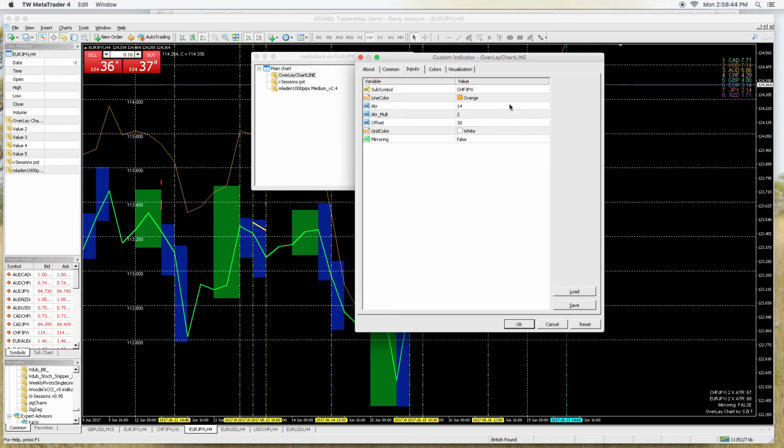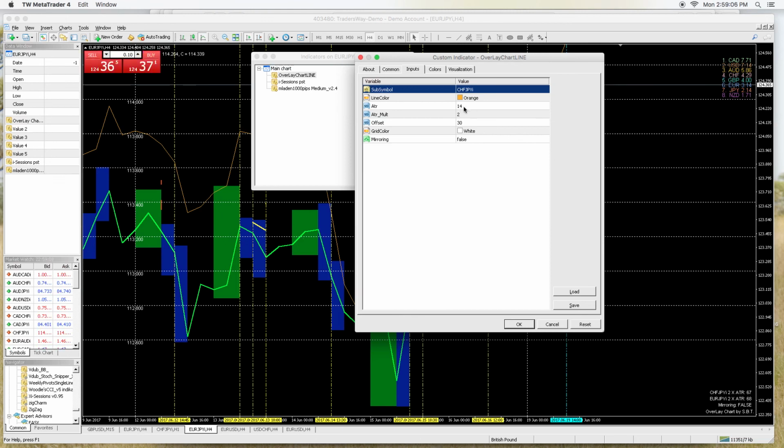The sub symbol right here is the Swiss yen. The color of the sub symbol is orange, and the color of the Swiss yen line is whatever you have set in properties on your MT4 chart.